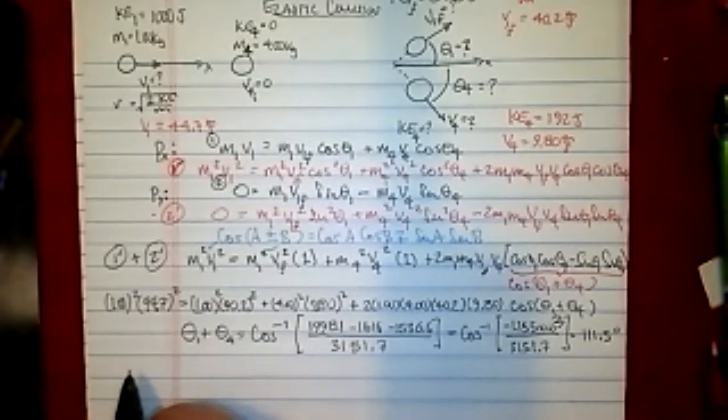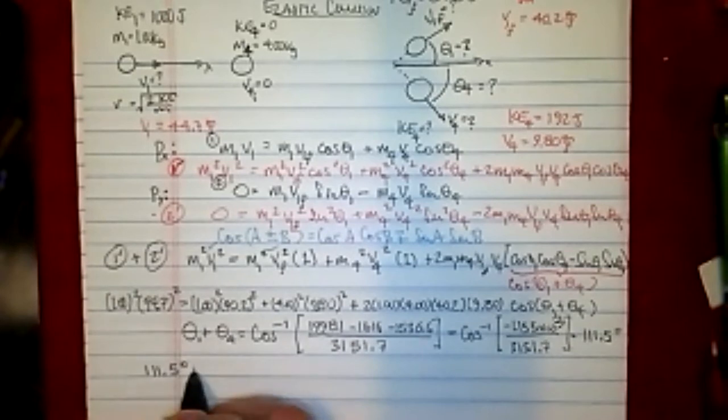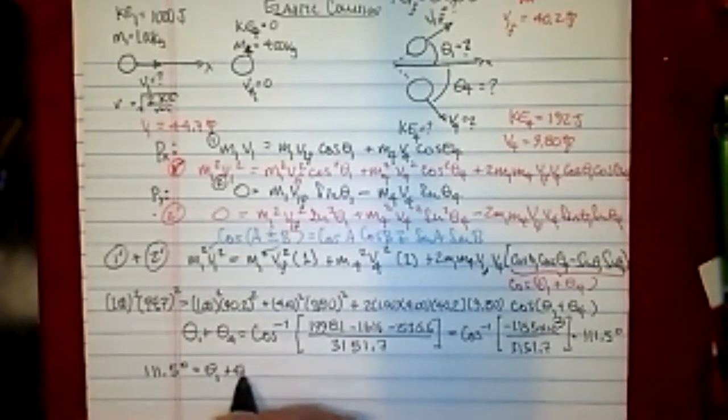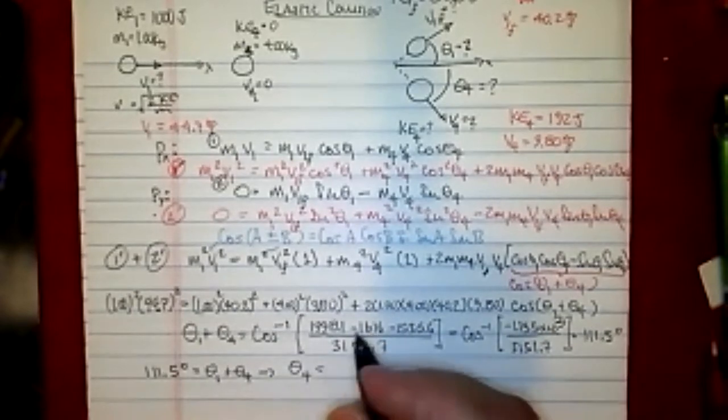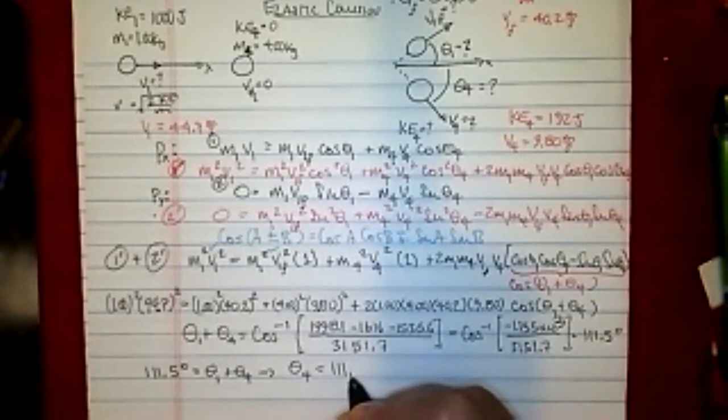So I'm going to say 111.5 degrees is equal to theta 1 plus theta 4. That means theta 4 is actually equal to 111.5 minus theta 1.